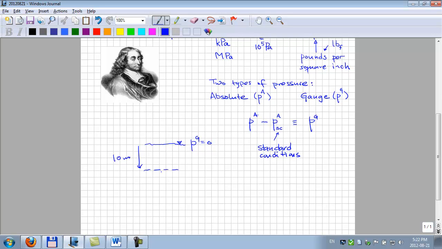Okay. So down here, the gauge pressure at 10 meters would be about 2 minus 1, which is the surface condition pressure, times 10 to the 5th Pascal. Right? Something like that. So that would be about 1 times 10 to the 5th Pascal. About 1 bar. But that's our gauge pressure.